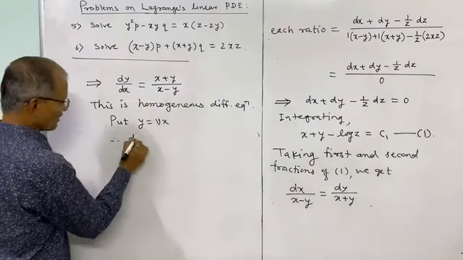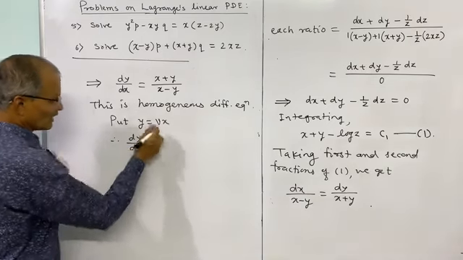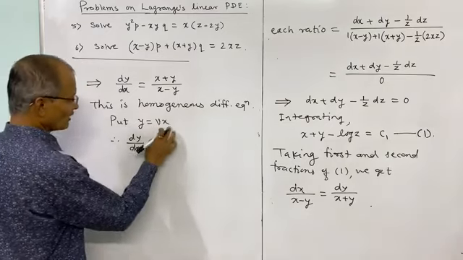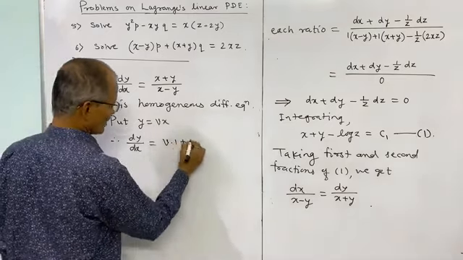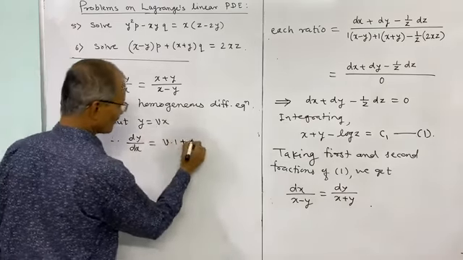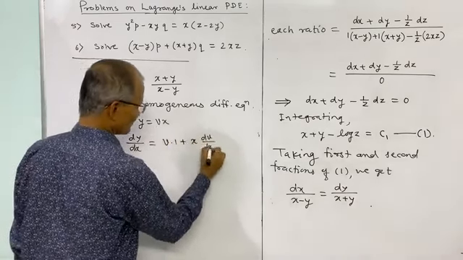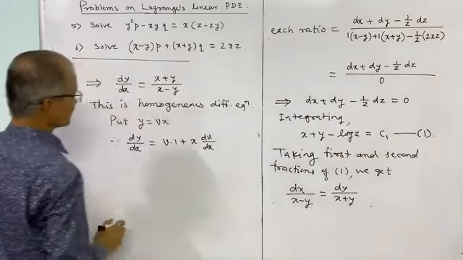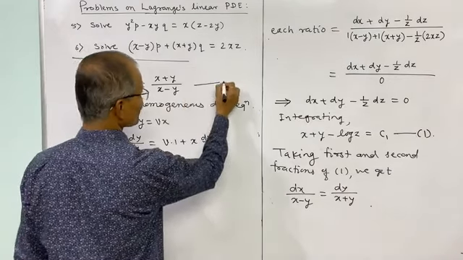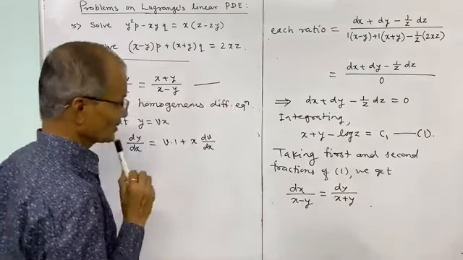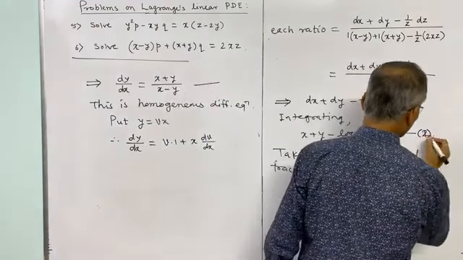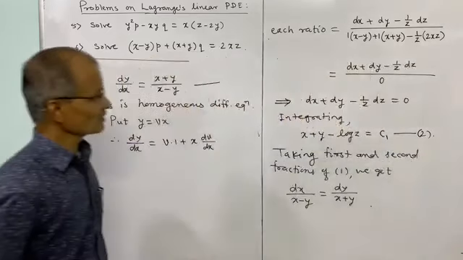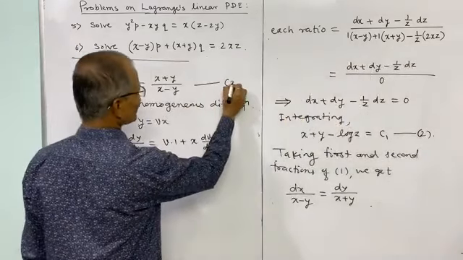So what is dy by dx? v is also a variable. Using the product rule of derivative, v into derivative of x, which is 1, plus derivative of v, x into dv by dx. And thus using this in this equation, we may call this equation second, and first we have written earlier, and this we should refer to as third.